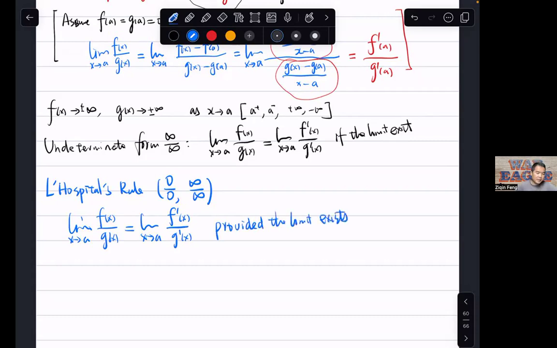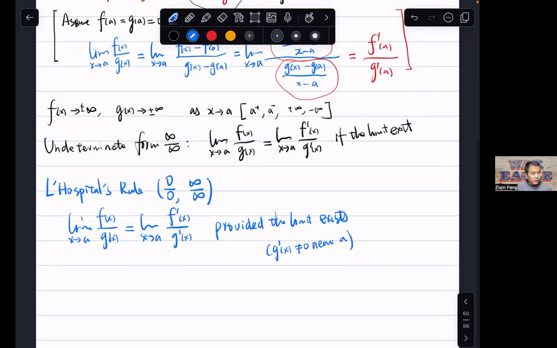If the limit exists, you can do that. And for sure, g prime of x is not 0 near a, right? So if you have 0 over 0, then this doesn't work. Okay, we cannot divide things by 0.